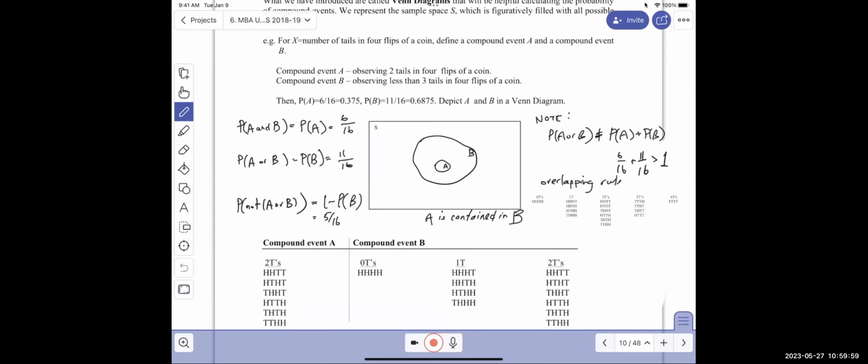But the overlapping rules apply. What's different is the way that these reduce: A and B just reduces to A, and A or B reduces to B. That's unique against the others we looked at. Okay.